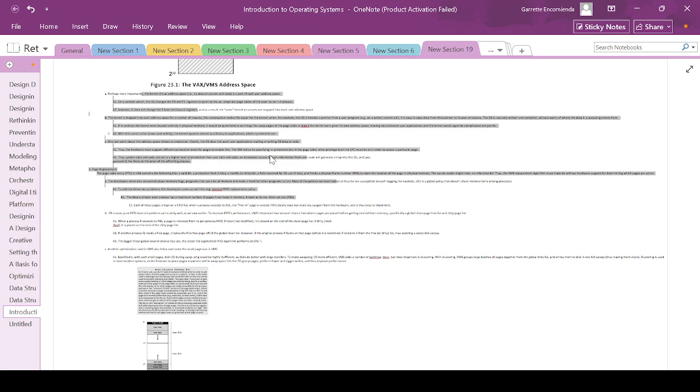If in contrast the kernel were located entirely in physical memory, it would be quite hard to do things like swap pages of the page table to disk. So if we don't have this virtual memory, it will be hard to swap pages of the page table to the disk.